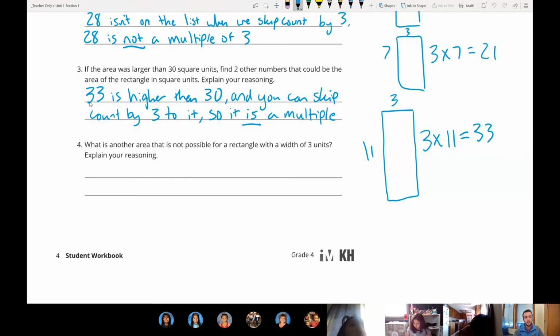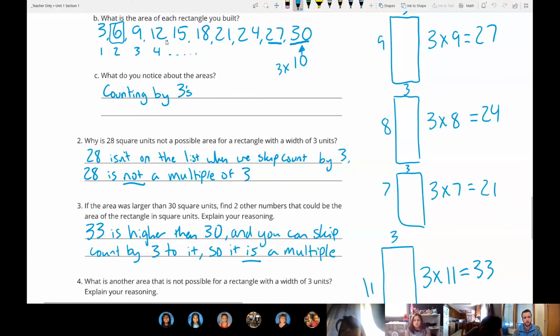Quickly on the top of your head, what's another one that's just above 33 that we could use? Remember, there's a pattern here. Could be 36. Yeah, can you quickly explain why? All right, 36, 33.